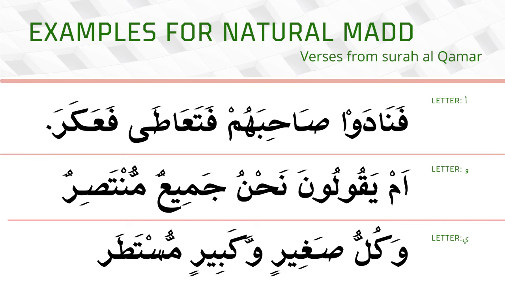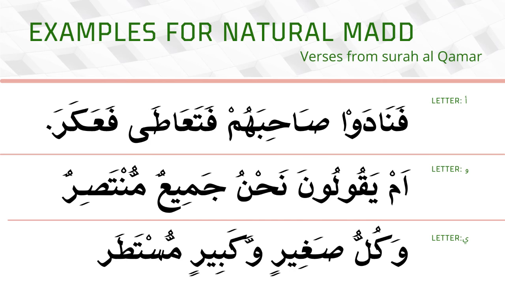So this is known as the mad of waw. So we have to give it a 2 haraka count. Yaqu. The next is the lam. The lam also has a dhamma and a waw. So we should pronounce it as yaquluna.